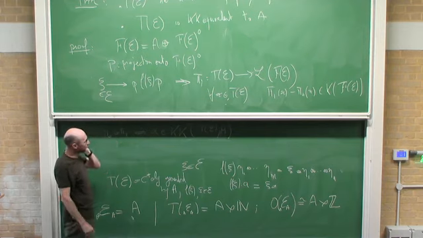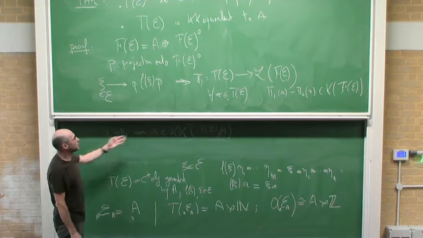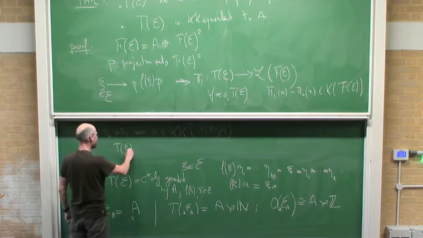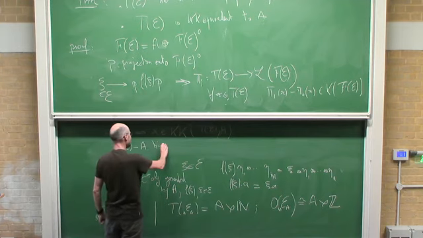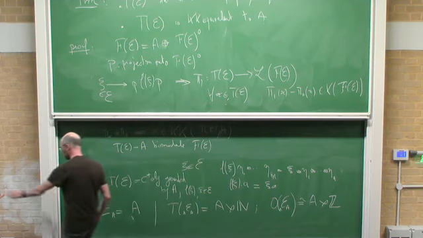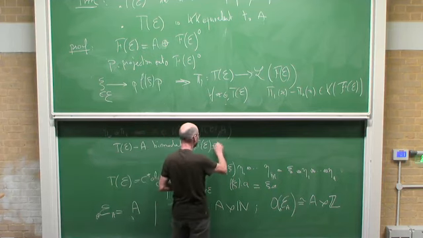What this means is you have a T(E)-A bimodule, which is the Fock space. So it's two copies of it like that.